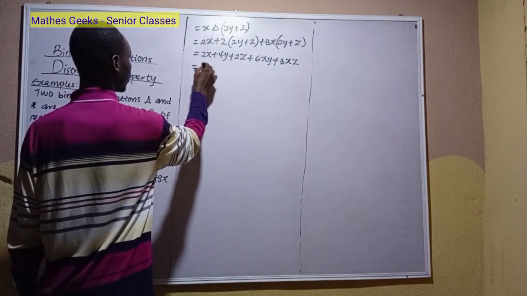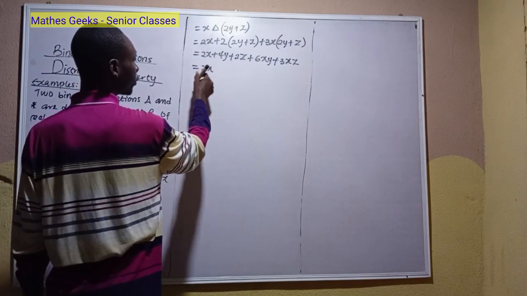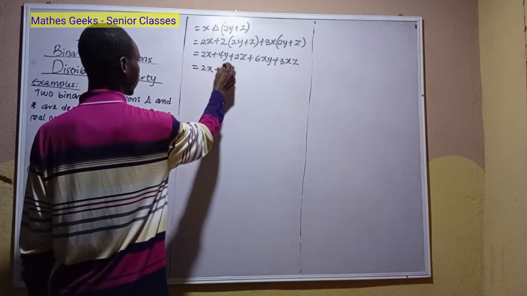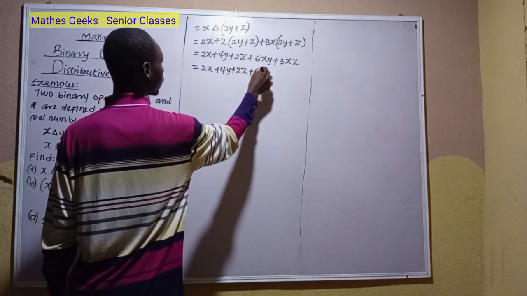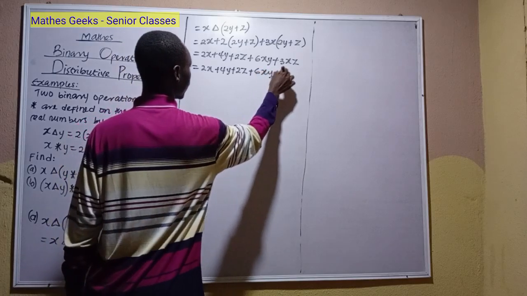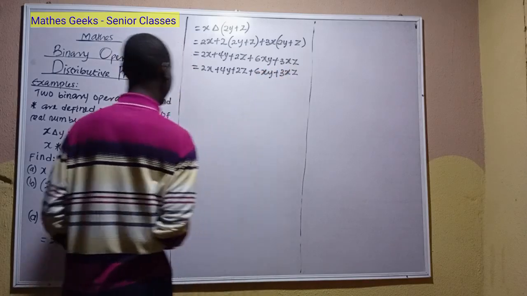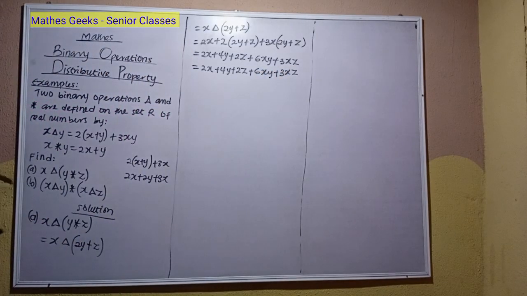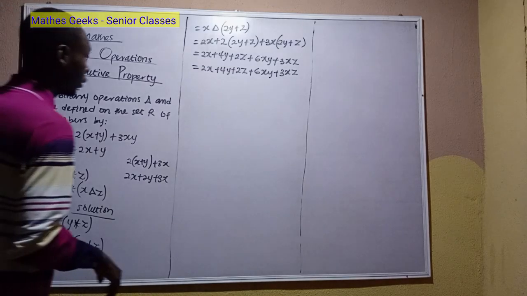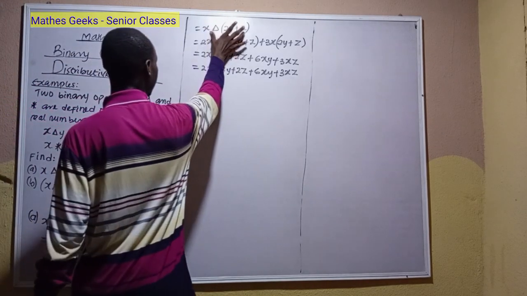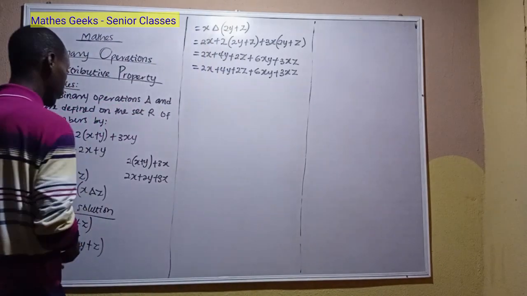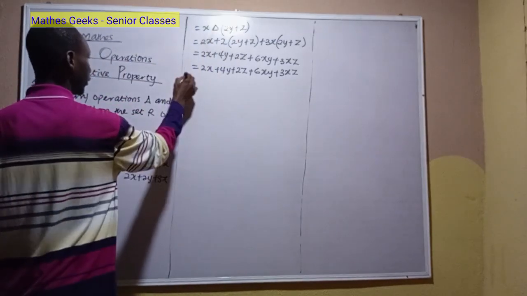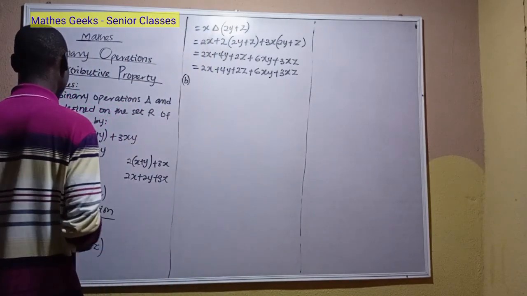And this will give us 2x plus 4y plus 2z plus 6xy plus 3xz. So this is what we got for the simplification of this operation. So b, let's see what b will give us.